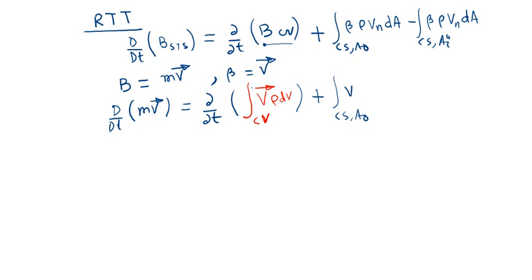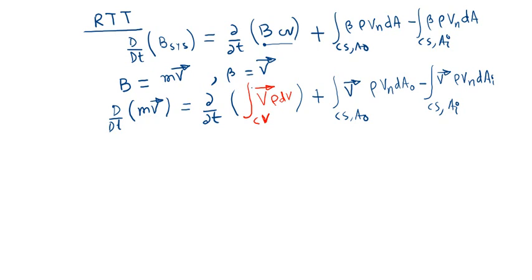That is V, because beta is V, then rho Vn dAO, that you can understand, minus the integration over the control surface AI of V rho times the normal component of the area, dA. You are basically integrating over AI for this one.